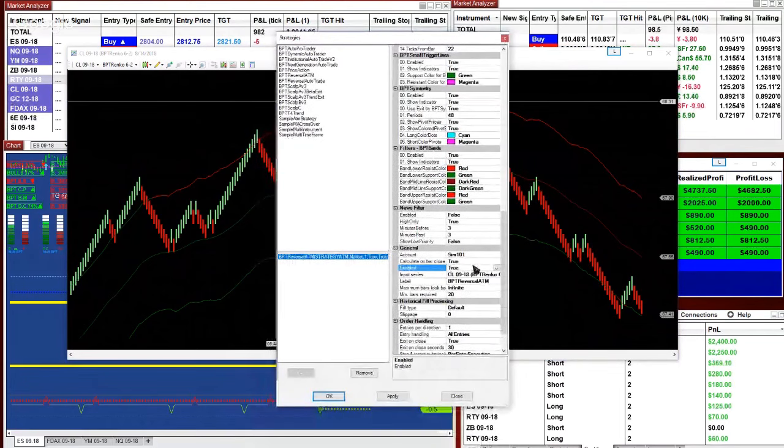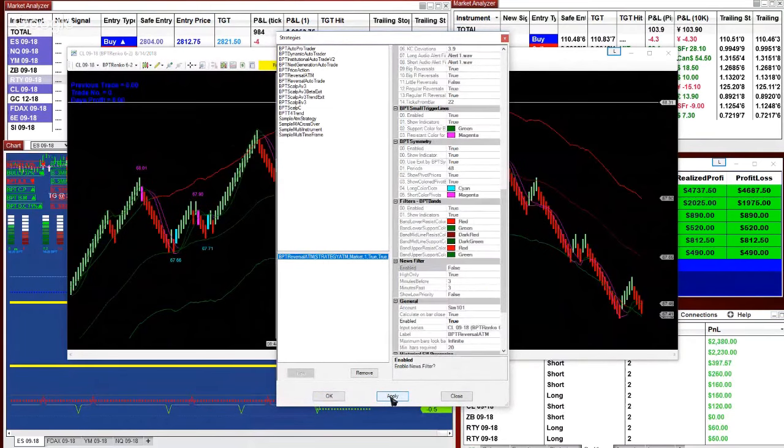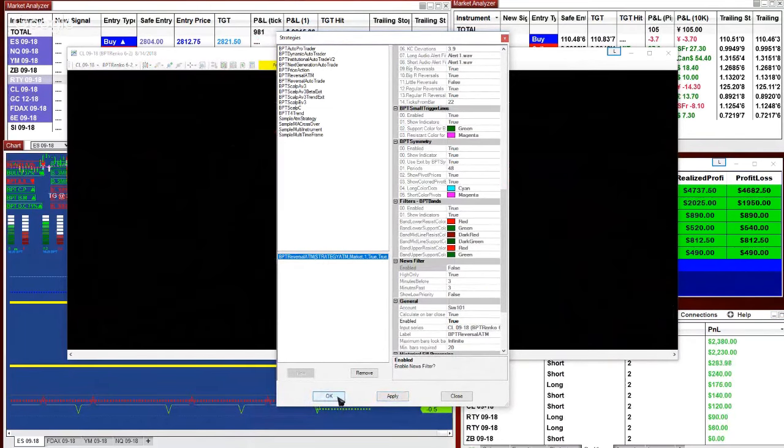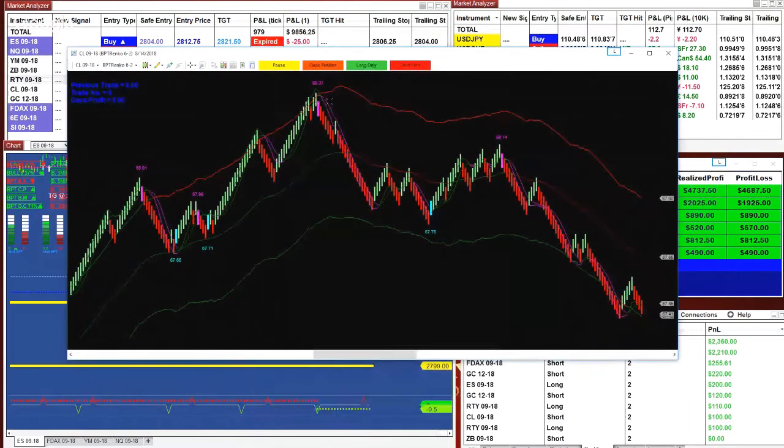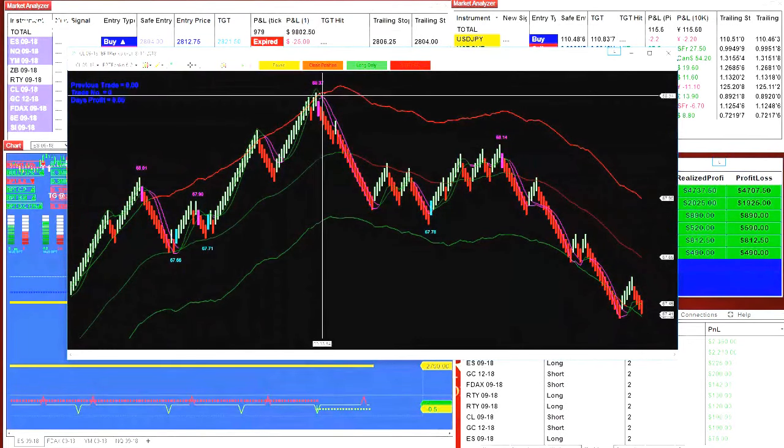Oh, I didn't activate it. There we go. Those are the small trigger lines. If you notice, when the market on the small trigger line gets out of the band and diving into the band, this is an entry.